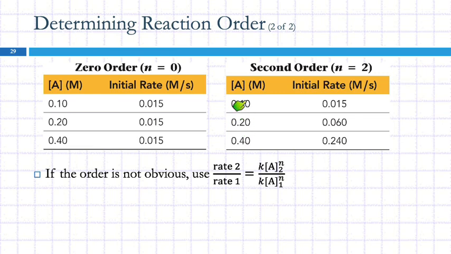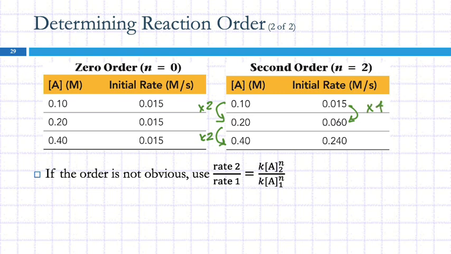Over here, again, we're doing the doubling of the concentrations. So this is times 2, and this is times 2. What's the relationship between 60 and 15? Times 4.